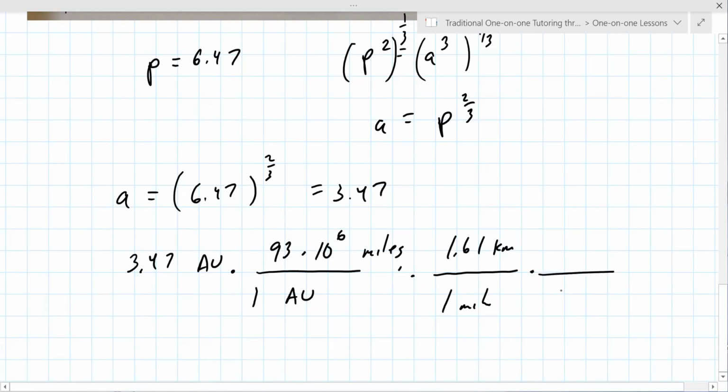So in 1 kilometer, there are 1,000 meters. This feels more like a unit conversion problem than anything, but. So I get 5.2 times 10 to the 11th meters.